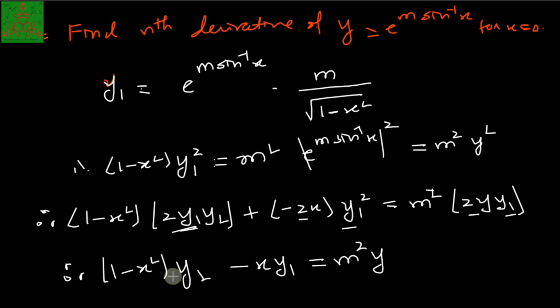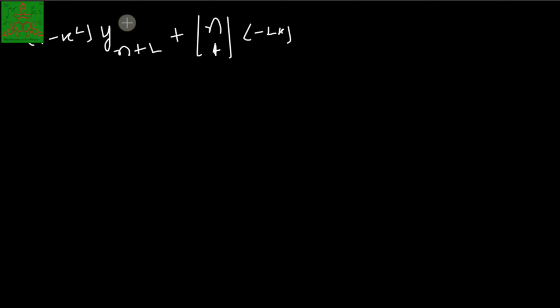If I apply it for the first term, then you will have 1 minus x square as it is, the nth derivative of y2 will be y(n+2), plus nC1 times the derivative of 1 minus x square, which is minus 2x, with one less derivative, that is y(n+1), plus nC2 times one more derivative of minus 2x, which is minus 2, with one less derivative of y(n+1), which is yn.